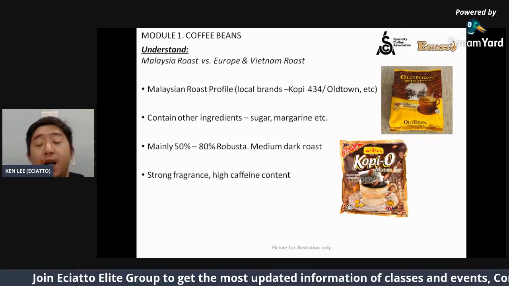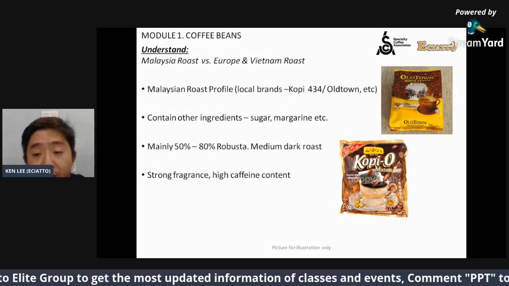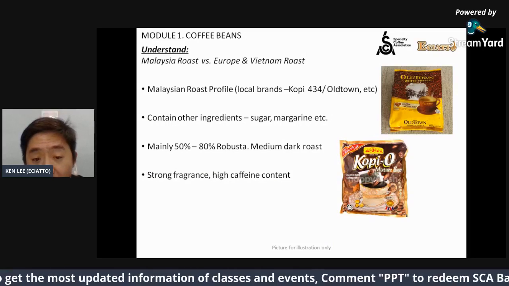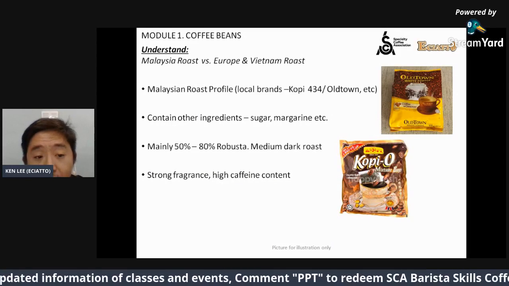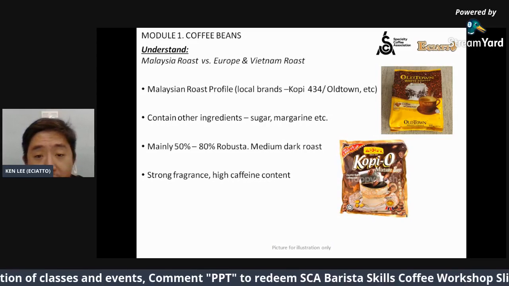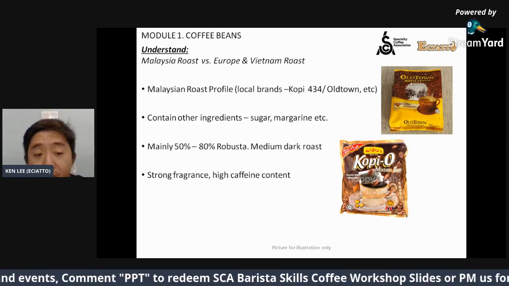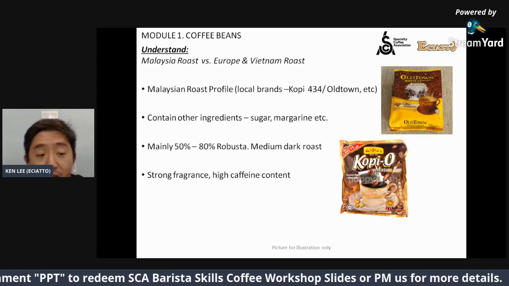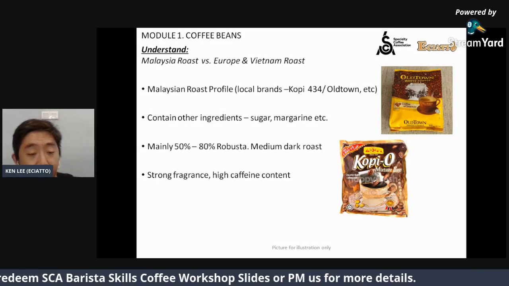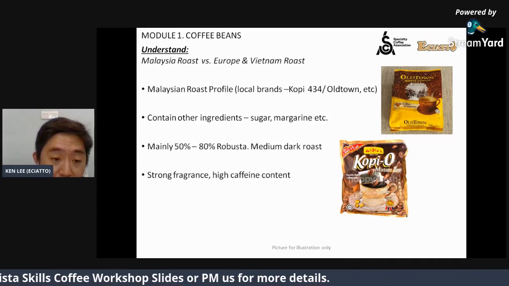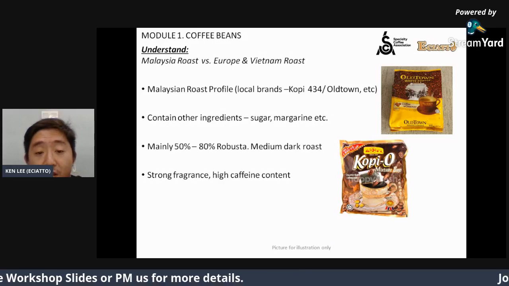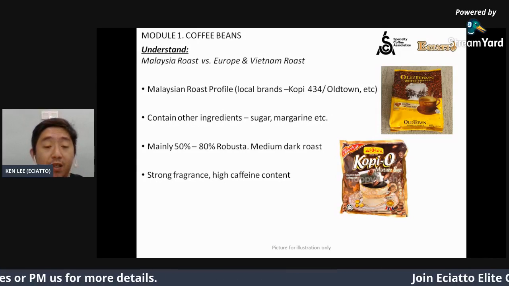Other than the normal cafe coffee beans that you have been trying or drinking, we also have some different coffee in Malaysia. Malaysia is a very good country with a lot of different types of coffee, whether coffee beans, coffee powder, or other coffee products in the market.